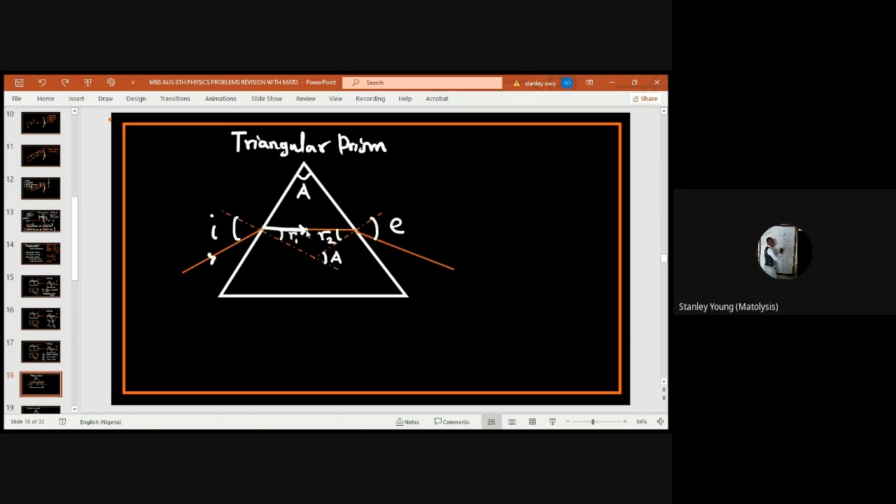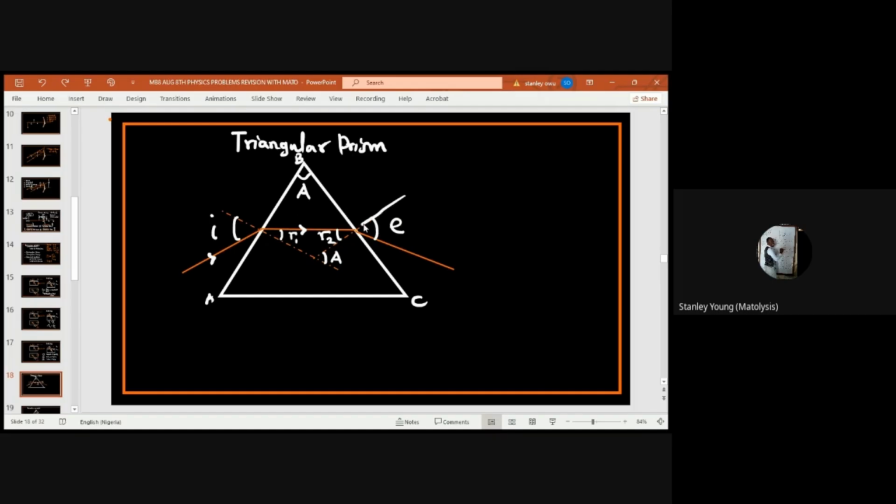This ray that was refracted from the boundary, let me label this as A, B, C. Now we have boundary AB here and another boundary BC here. A refraction from boundary AB, which is this, automatically becomes an incidence to boundary BC.